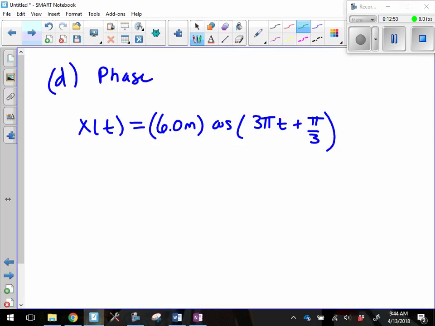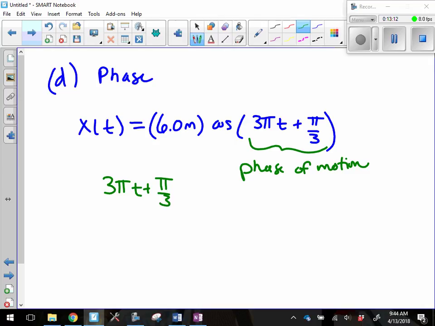What is the phase of the motion? Yeah, it's this whole thing right here. So 3 pi t plus pi over 3, and I'm going to substitute in t equals 2, right?